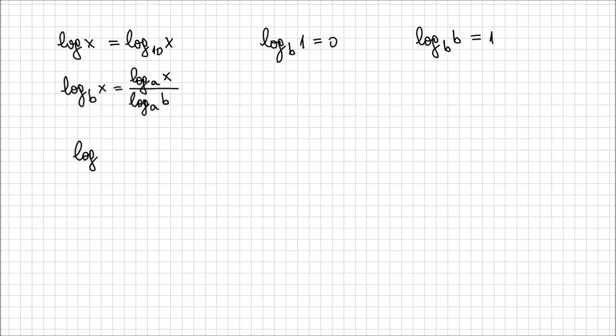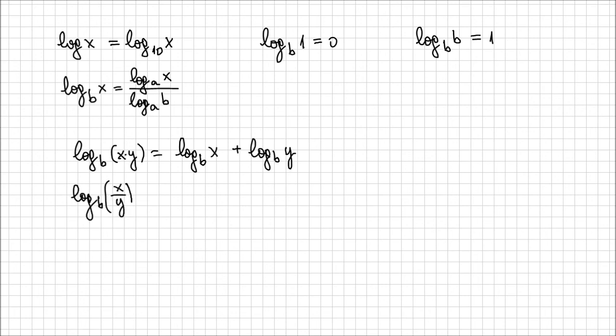As we know, logarithm in base b of a product, x times y, is going to be the sum of the logarithm in base b of x plus logarithm in base b of y. And the logarithm in base b of a quotient x over y is going to be logarithm in base b of x minus logarithm in base b of y.